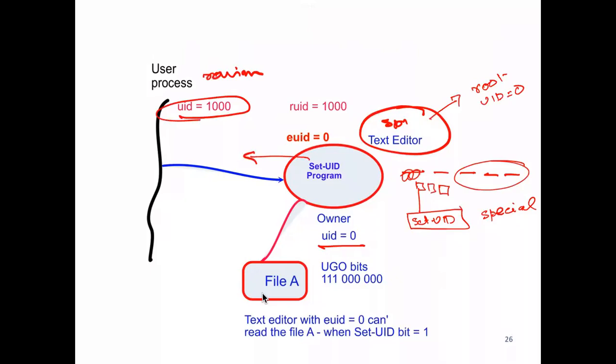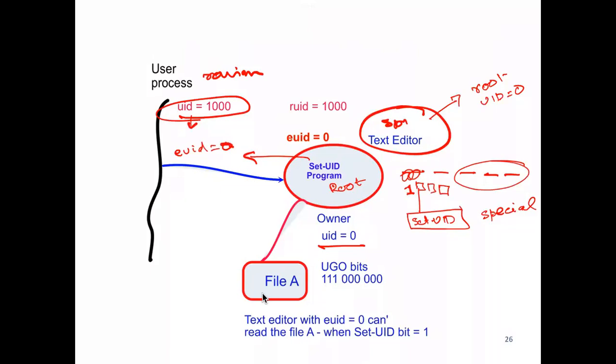So when this bit is set, the set UID bit is 1, and the owner of this program is root, then when this program is executed, the effective user ID, which initially was my UID, now becomes 0, which is root.